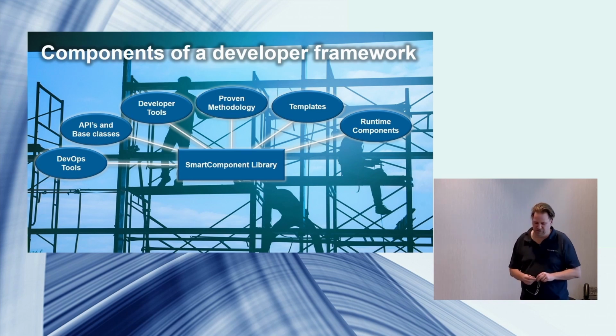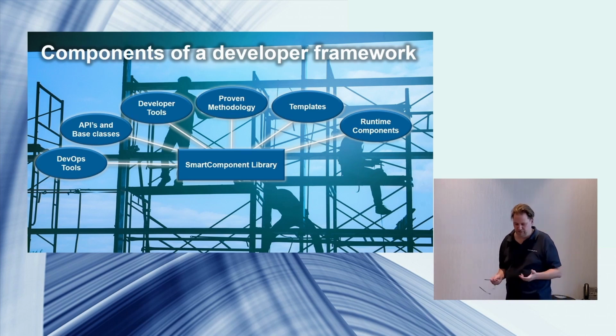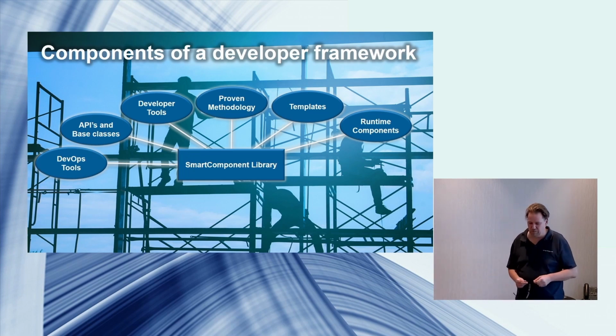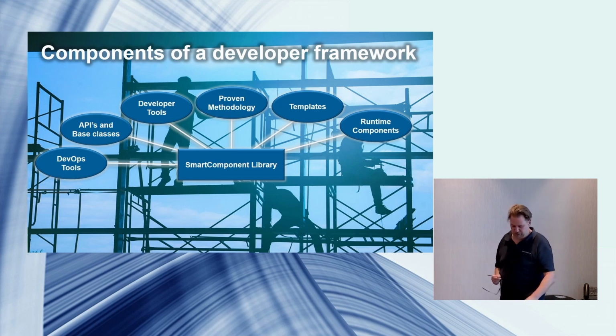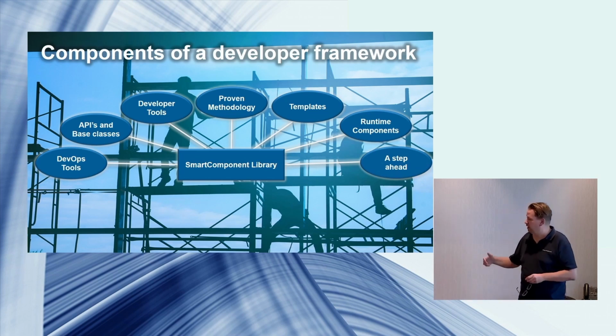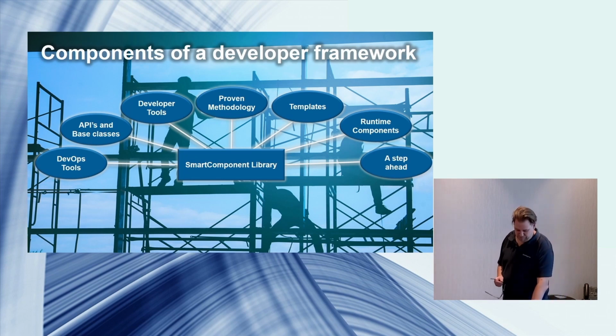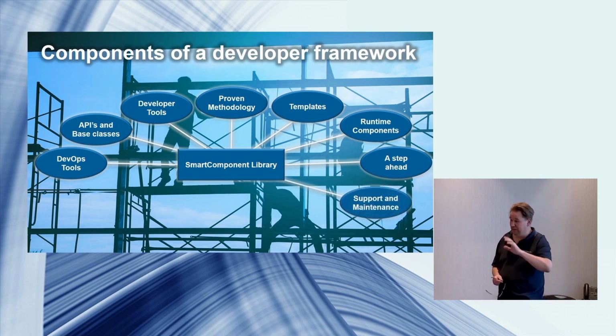DevOps tooling becomes more and more important. We have our own unit testing framework that integrates much better with the framework, with starting points for build and deployment routines that can be adjusted to the needs of the customers. We generally try to be a step ahead of the needs of our customers. So it happens quite frequently that a customer says, hey, we need this in the future.